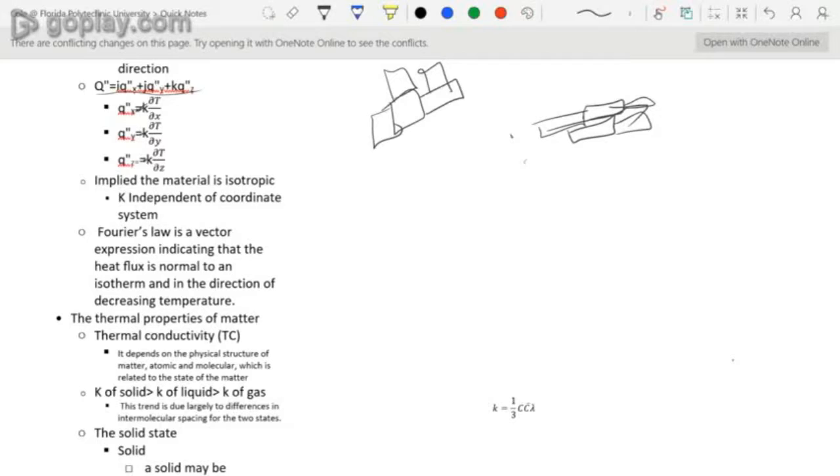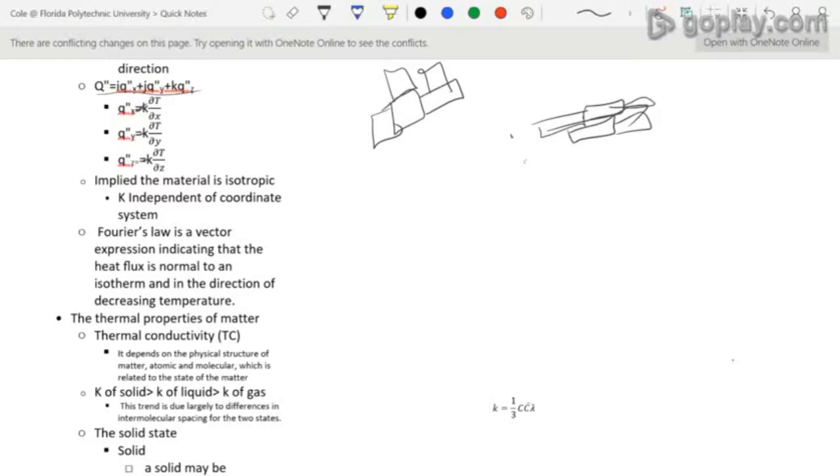Next, the book goes on and explains the thermal properties of matter, and it starts to talk about thermal conductivity. I went over this in chapter 1, and the thermal conductivity depends on the physical structure of matter, the atomic and molecular, which is related to the state of matter.